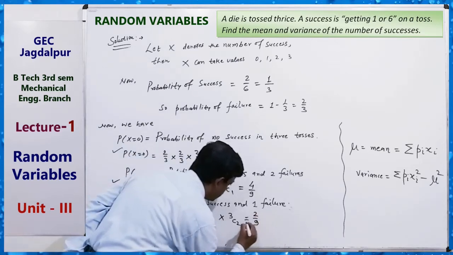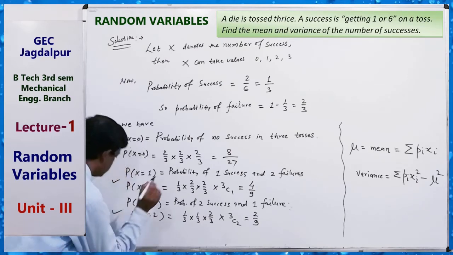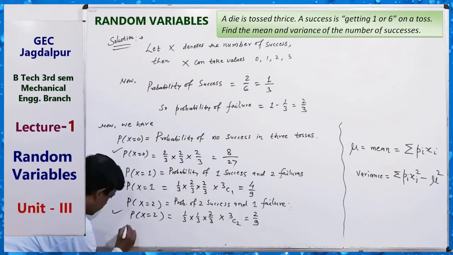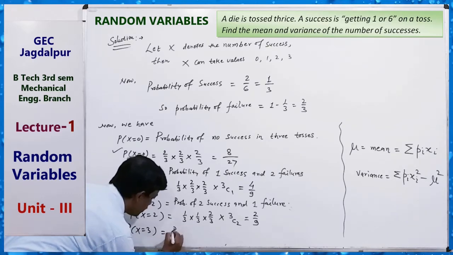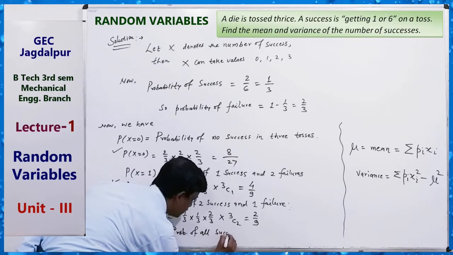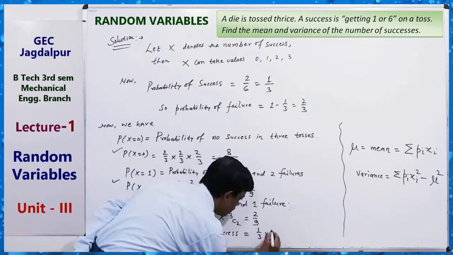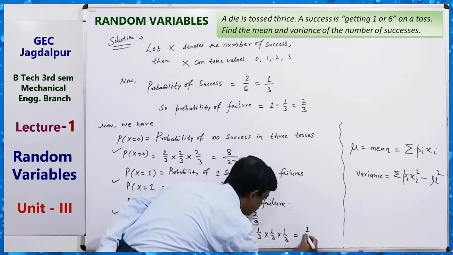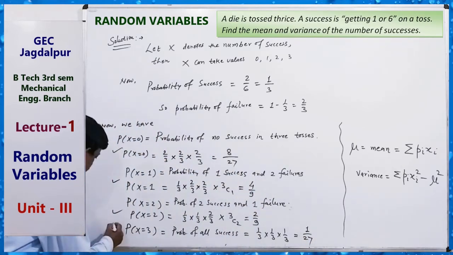So P(x equals 2) is 2 by 9. And for P(x equals 3), the probability of all successes is 1 by 3 into 1 by 3 into 1 by 3, which equals 1 by 27. Okay, 4 values are there.